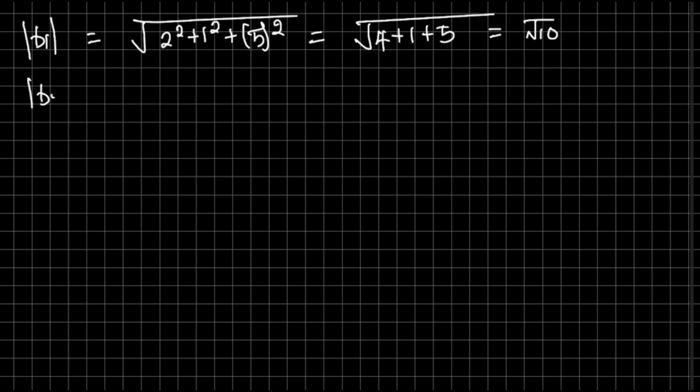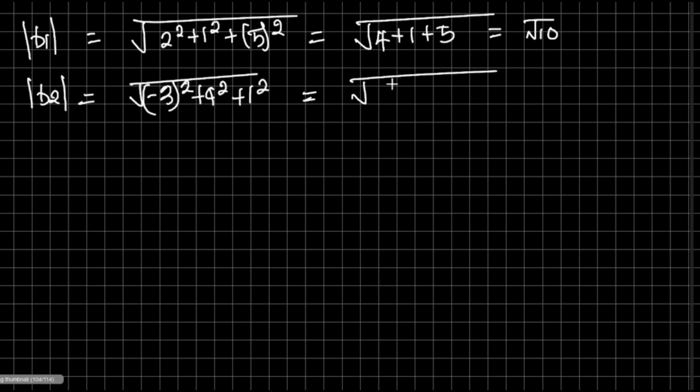The magnitude of b2 equals the square root of minus 3 squared plus 4 squared plus 1 squared, which is the square root of 9 plus 16 plus 1, which is the square root of 26.